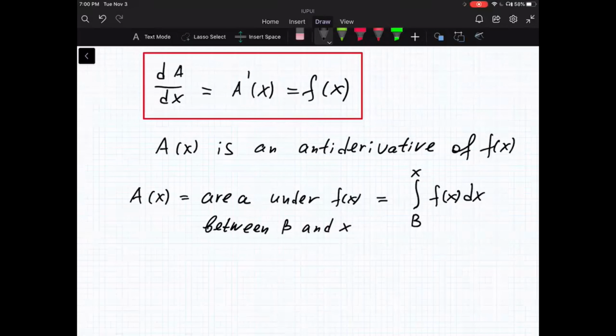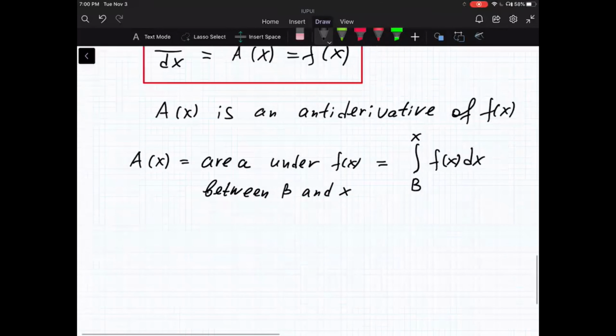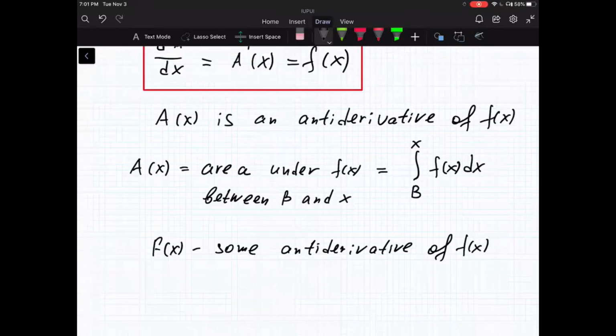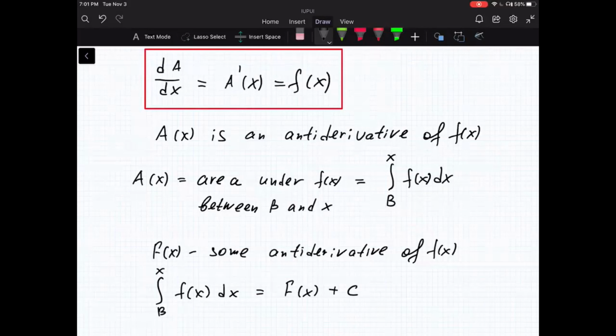But on the other hand, if we denote by capital F of x some antiderivative of f, we get that this integral is equal to capital F of x plus c, because of the red box: A of x is an antiderivative of f of x, and all antiderivatives of one function differ by some constant.